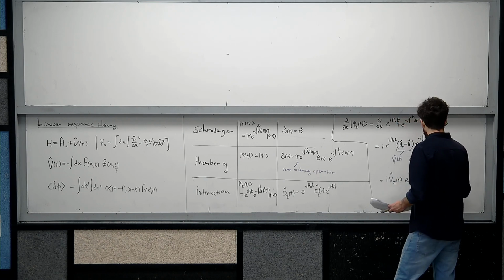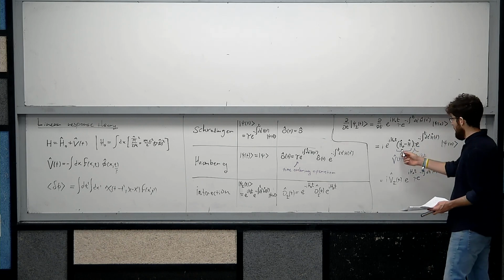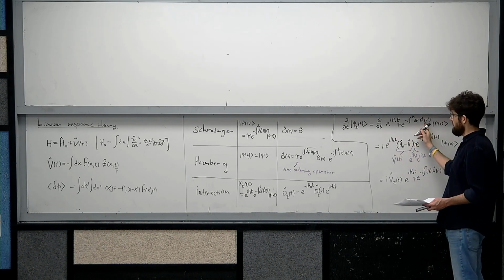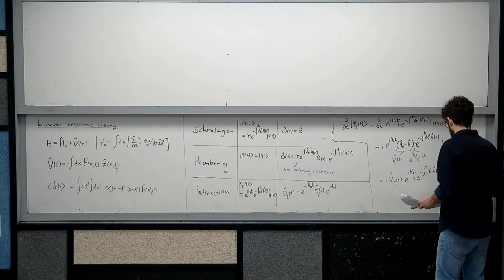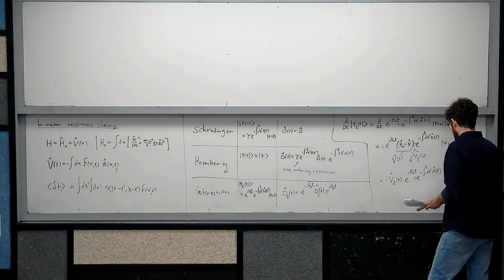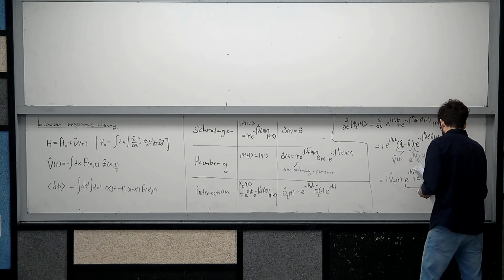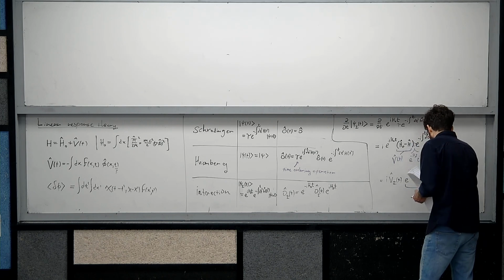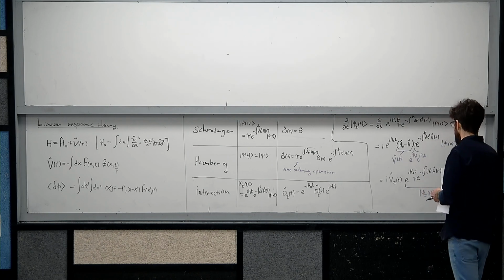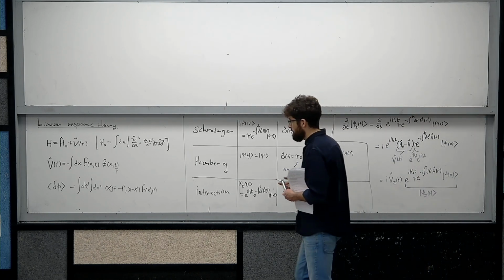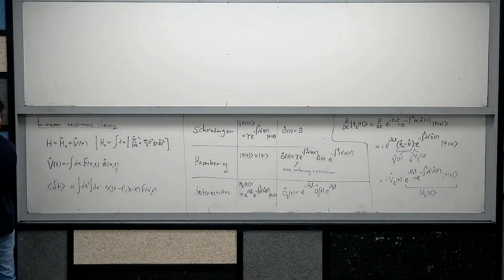We have this T exp minus i integral dt prime H of t. And notice that when the derivative acts on this guy, it just takes down H. That's another point. And this acts on psi of 0, but this guy is exactly psi interaction of t.